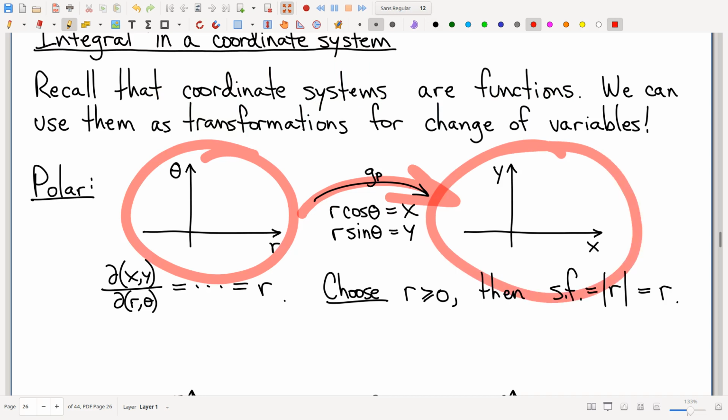I can use that as a change of variables function. I mean, sure, why not? You totally can do that. It's just like any other change of variables function we've used previously. It's just not clear yet what domains this is going to be useful for, but we are perfectly welcome to call this a change of variables function.